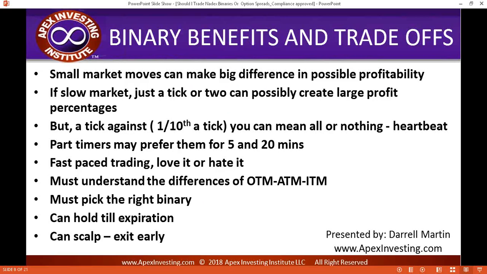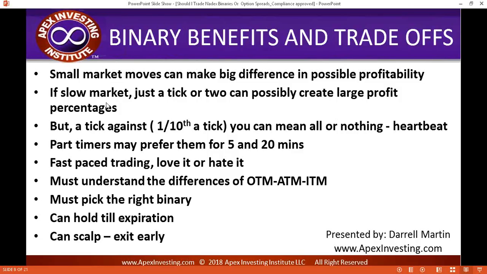All right, so when we think about some of the benefits and trade-offs of binaries, like I said, a small market move can make a big difference in the possibility of being profitable, right? Just a tick over that strike price can make a $20, $30, $40, $50, $60 binary be worth $100 at expiration.